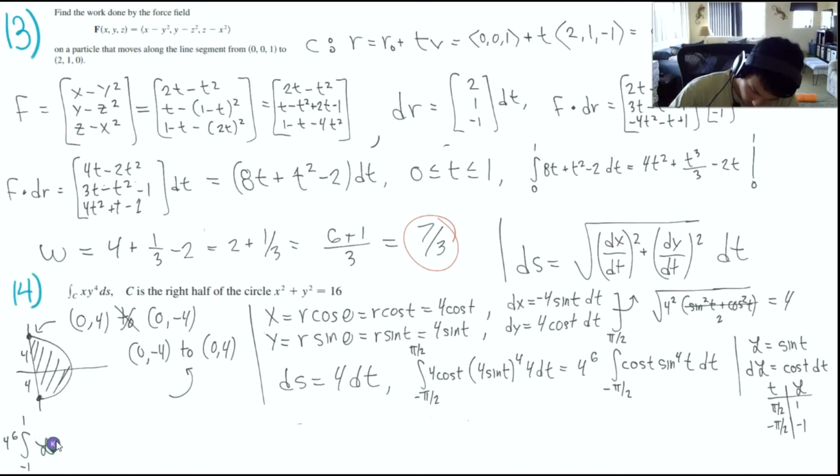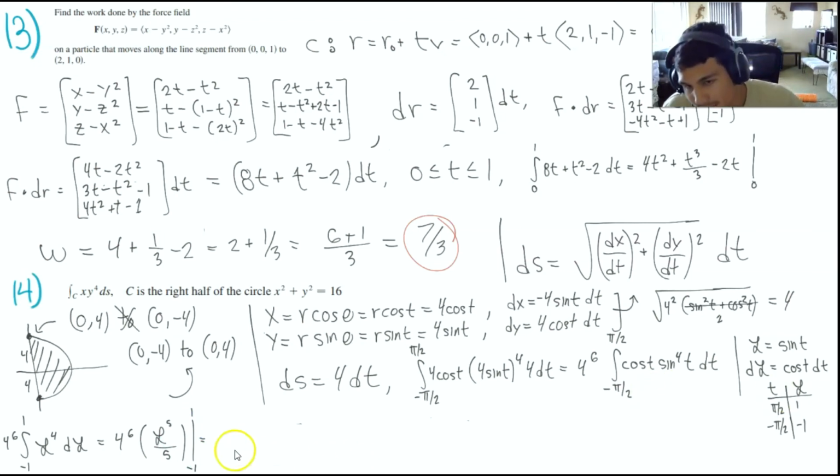Plus, stop saying that. 4 L to the power 4, and then, like I said, see that's a cosine dt, which is dL, so it's just that, which is equal to 4 to the power 6, and L to the power 5, divided by 5, from 1 to negative 1.